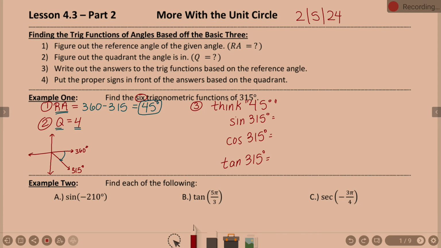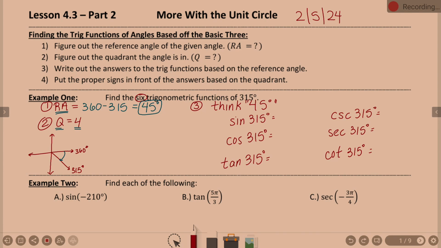And then I'll go ahead and write the others. Let's see. Reciprocal of sine is going to be cosecant of 315 degrees. Reciprocal of cosine is secant of 315 degrees. And reciprocal of tangent is cotangent of 315 degrees.